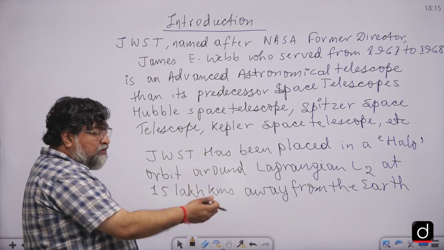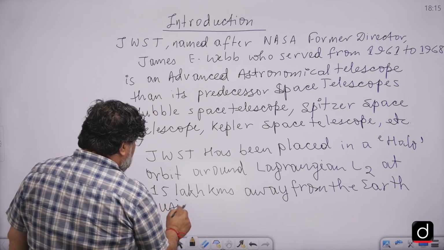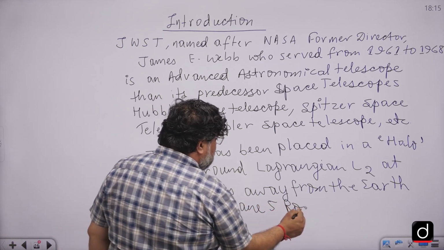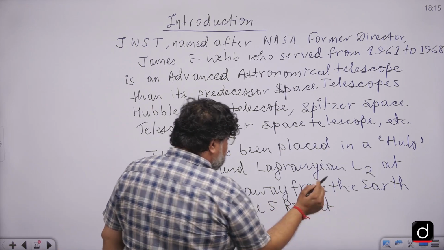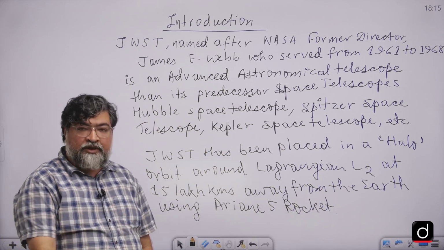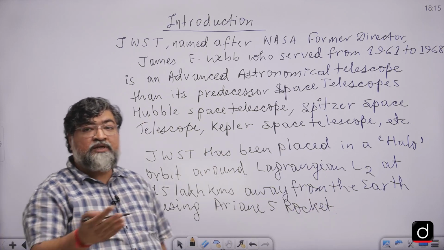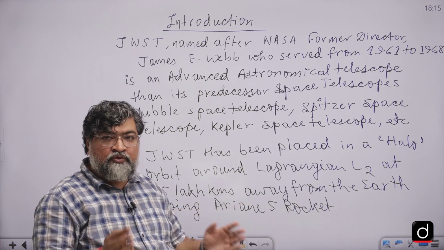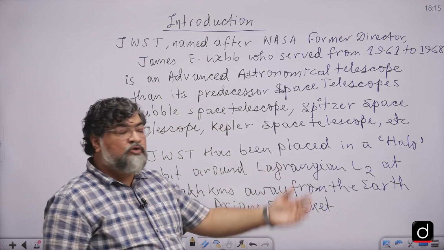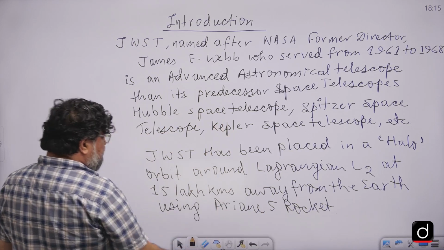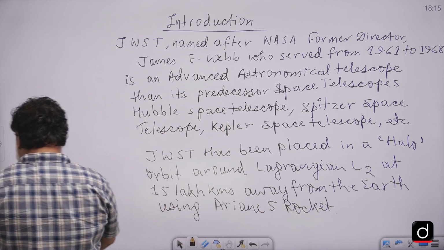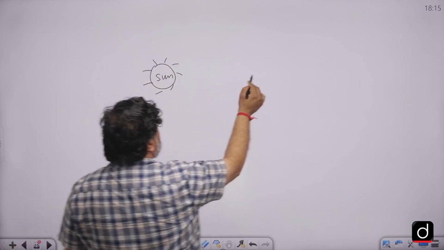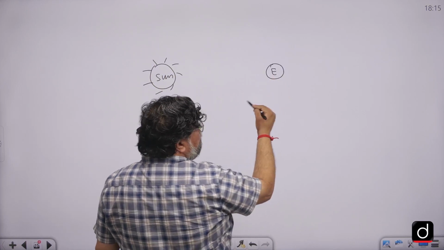L2 is at 15 lakh kilometers away from the Earth. It was launched using France's Ariane 5 rocket from Kourou, French Guiana, South America. So using that, it was launched to the L2 point. That is a point in the Sun-Earth system, and any candidate who wants to draw with an image can also show that.